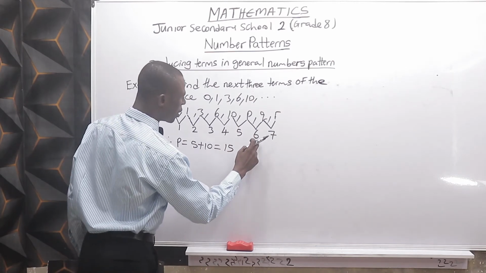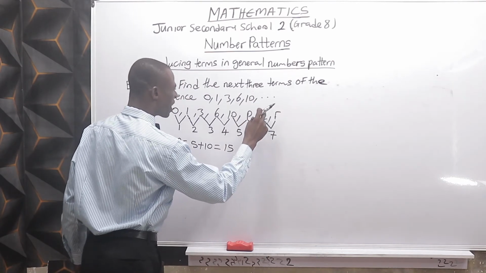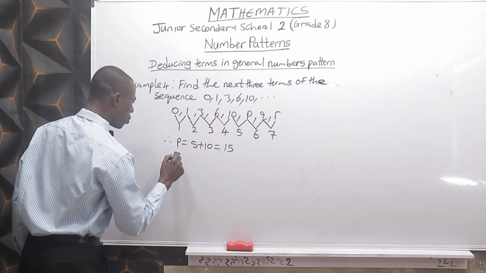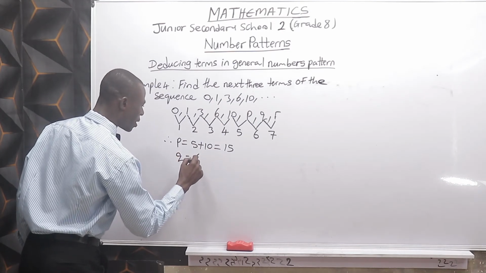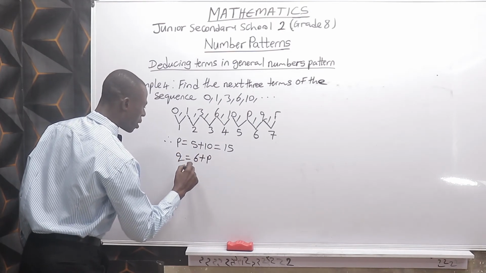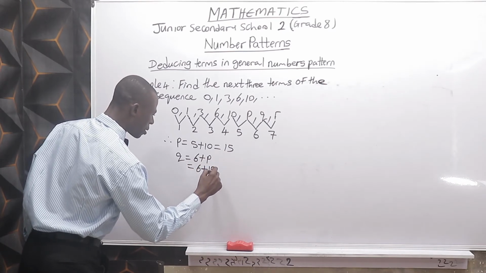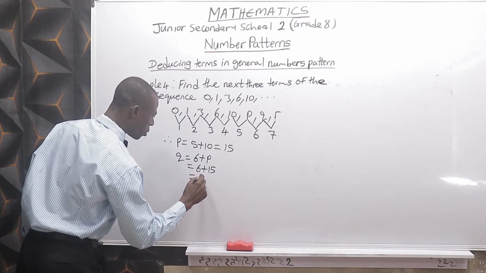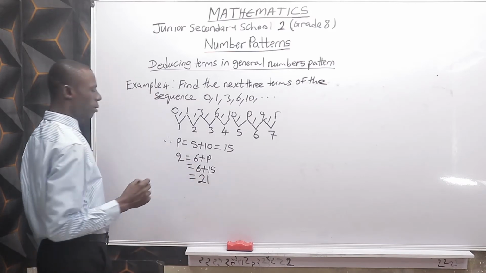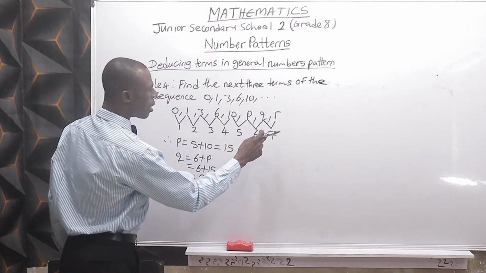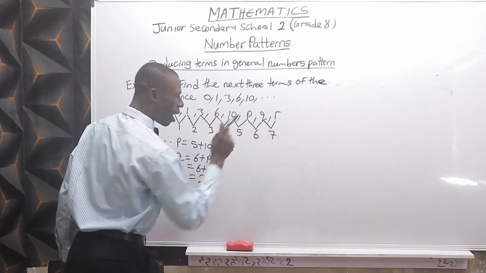So, 6 plus p gives q. q is 6 plus p. Don't forget, p is 15. Therefore, q is 21. And 7 plus q gives r.